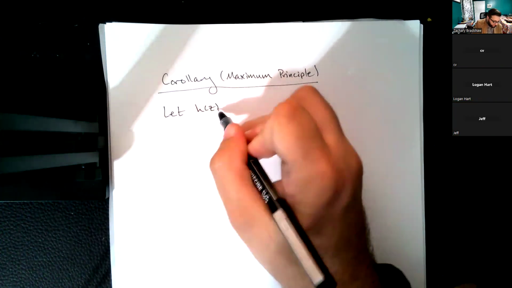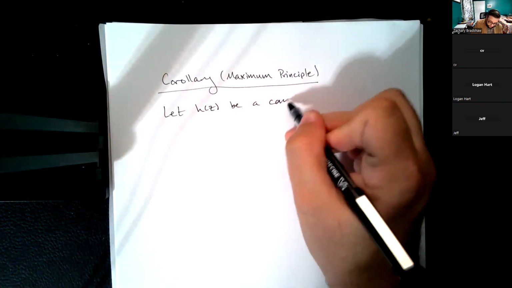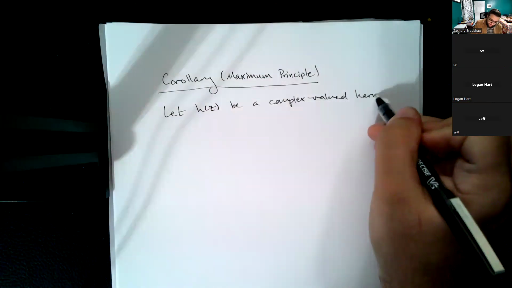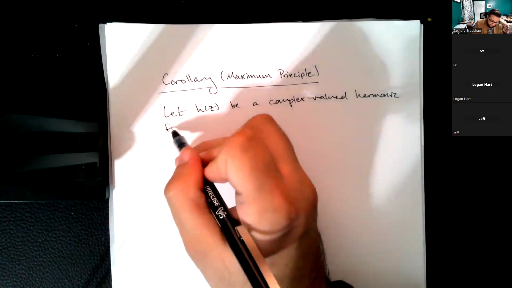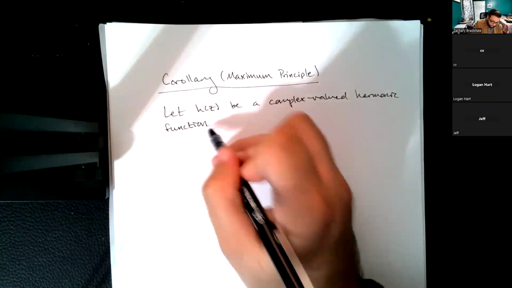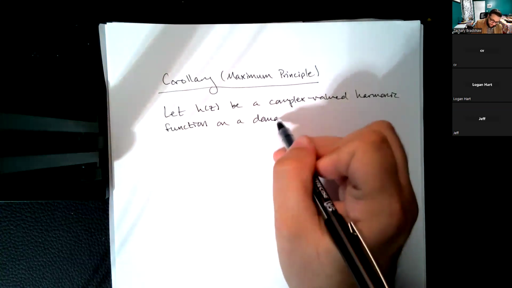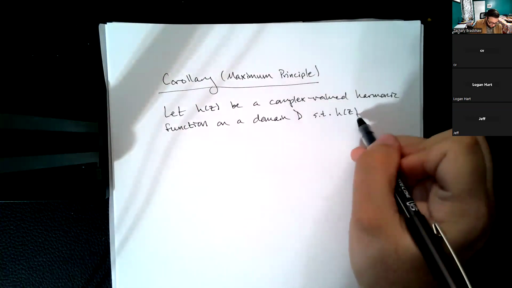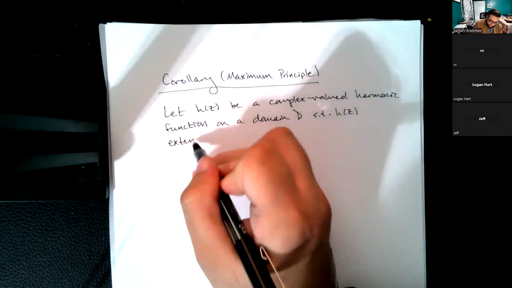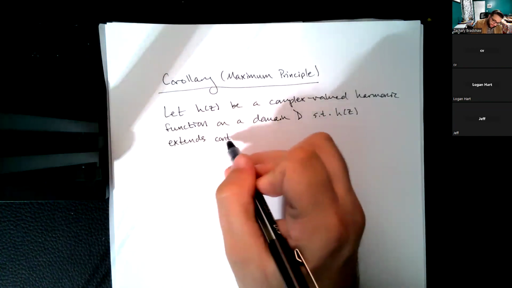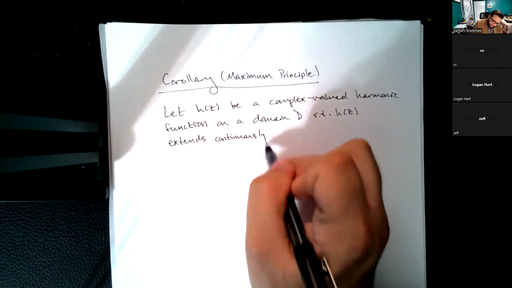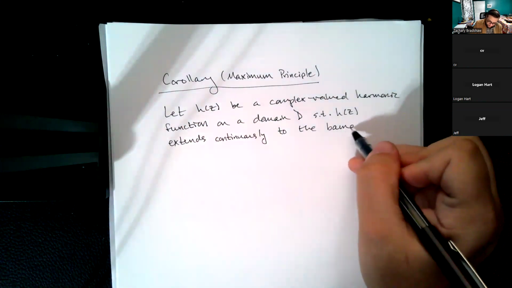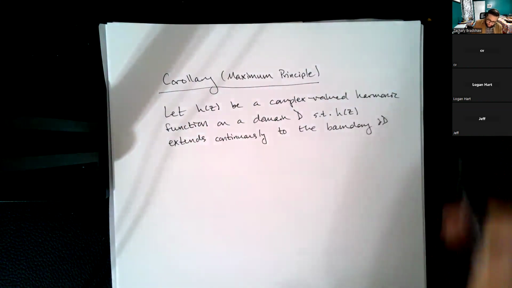Let h of z be a complex valued harmonic function on a domain D such that h extends continuously to the boundary of D.